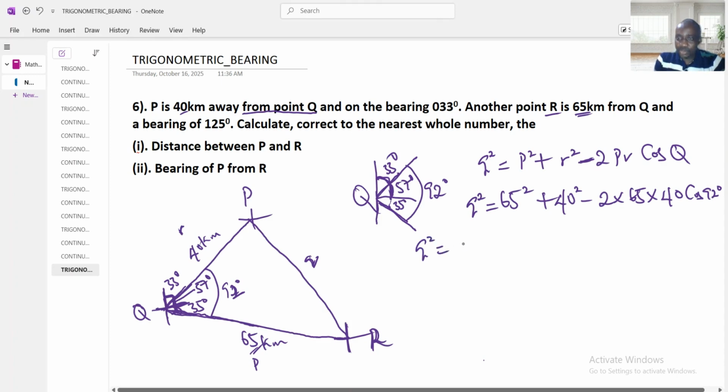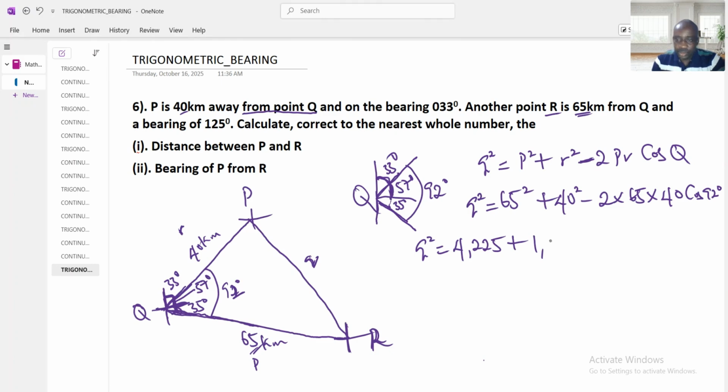Now, let's begin to break it into pieces. What is 65 times 65? It's going to give us 4,225, plus 40 times 40, which gives us 1,600, minus 2 times 65 times 40. It's going to give me 5,200.